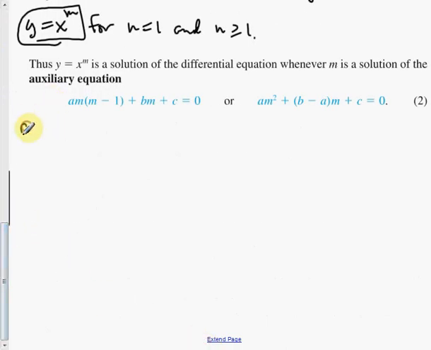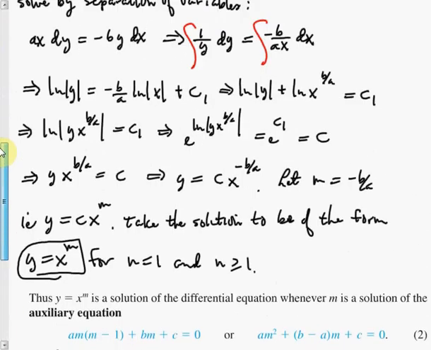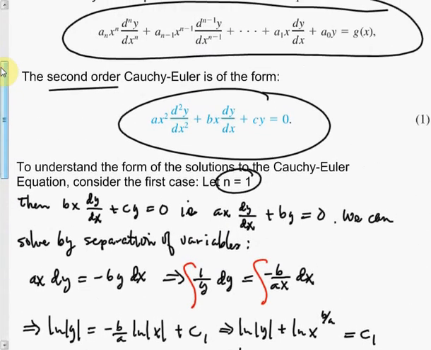So here, consider a times x squared times y double prime plus b times x times y prime plus c times y is equal to 0. This is equation number 1.